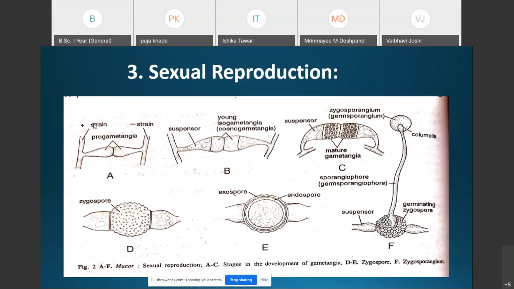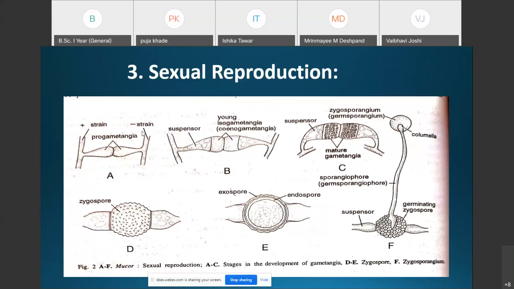The hyphae of the different strains are morphologically similar, but physiologically distinct.